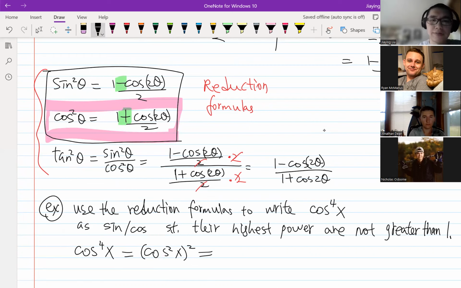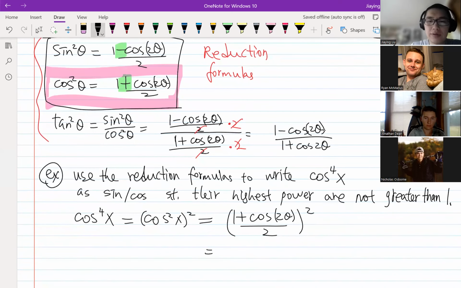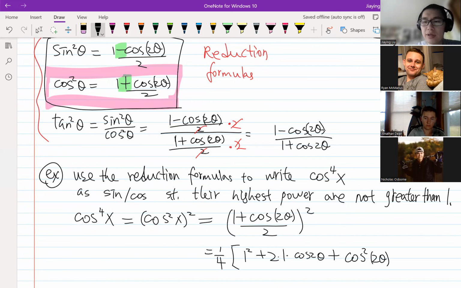That's going to be 1 plus cosine 2 theta over 2, squared. Now we're just going to square the numerator and denominator. I'm going to bring the 2 outside, so that becomes 1/4 times 1 plus cosine 2 theta, squared. So that's 1 squared plus 2 times 1 times cosine 2 theta plus cosine squared 2 theta.